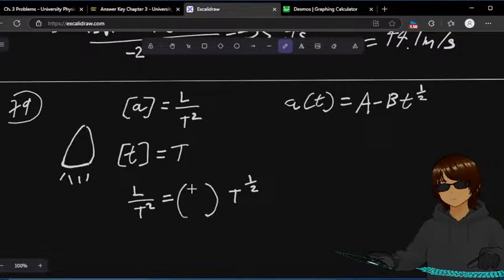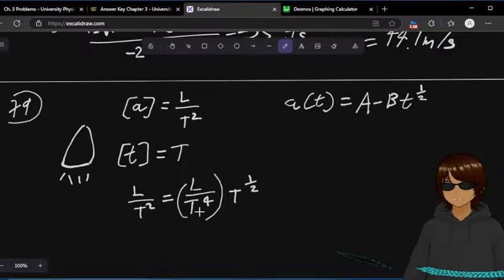So we need L over T to the power of half to cancel out with this t to the power of half, and we need t squared to remain.